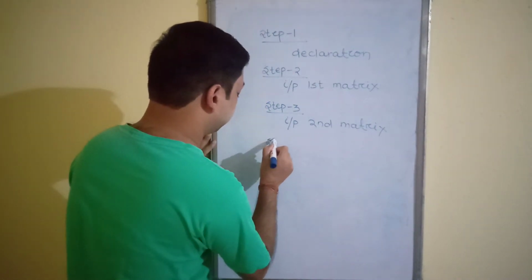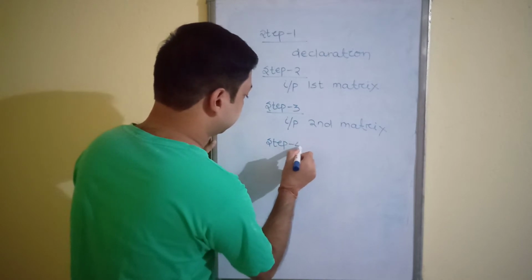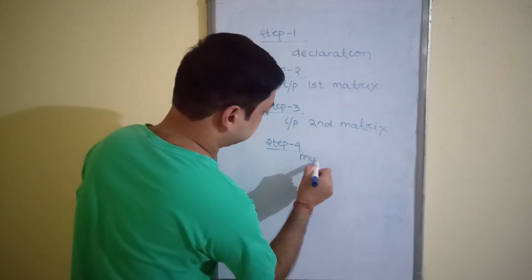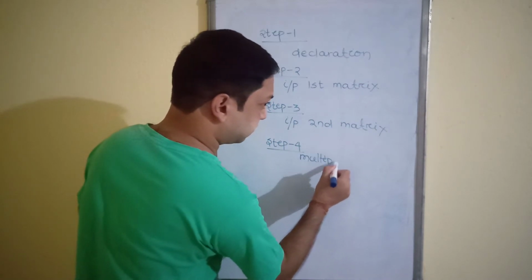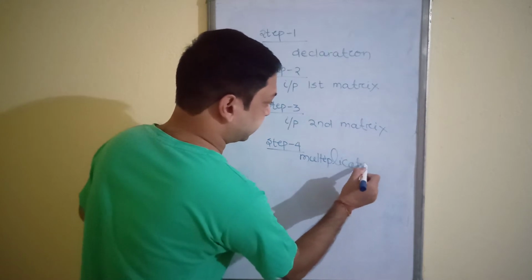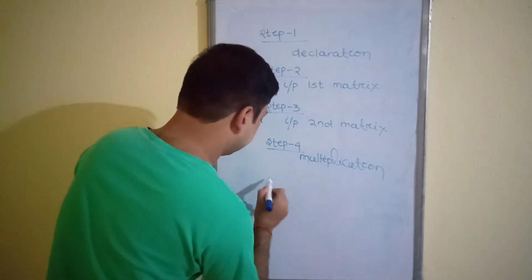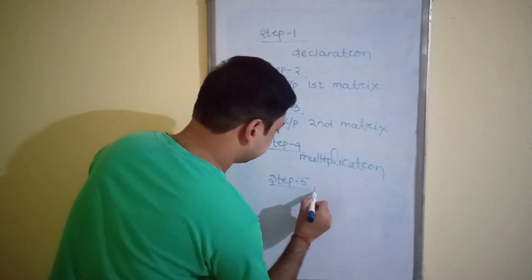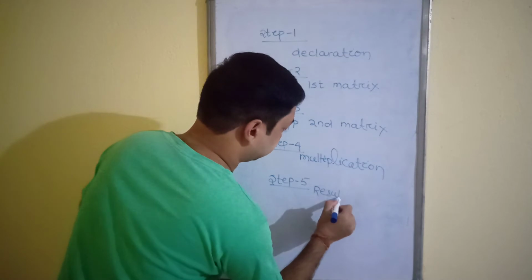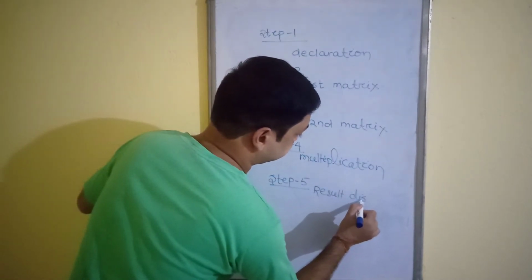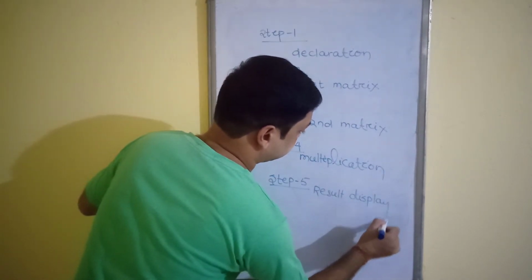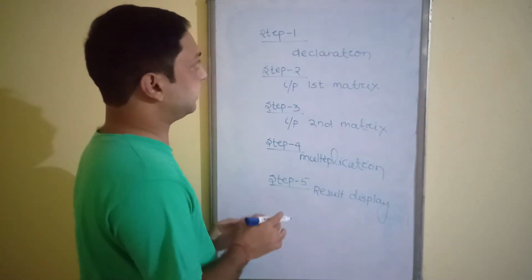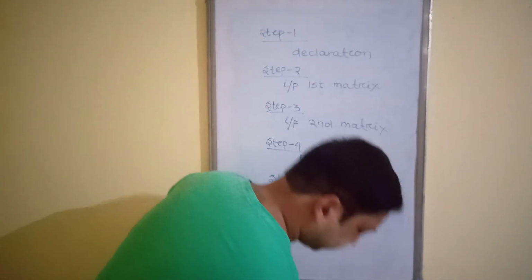Step 4 is your multiplication. And step 5 is the result display. So these are the 5 steps we need to follow whenever we are writing the program. So let us see how the program can be written.